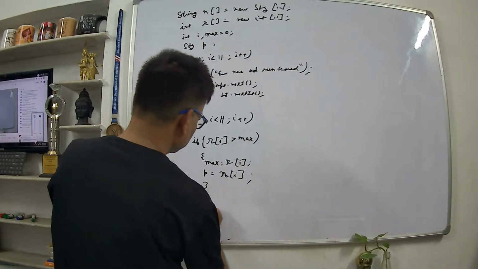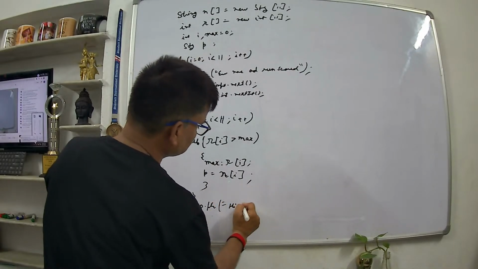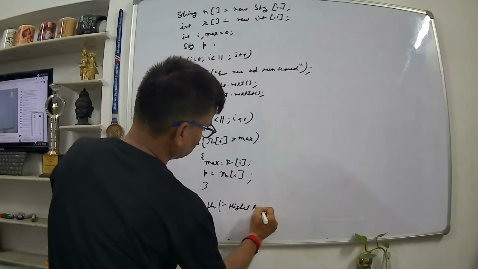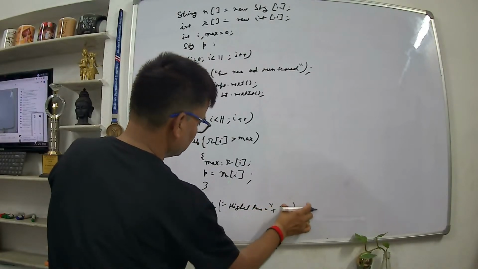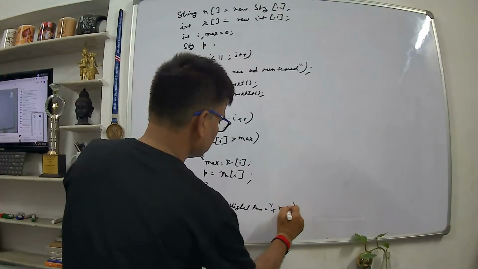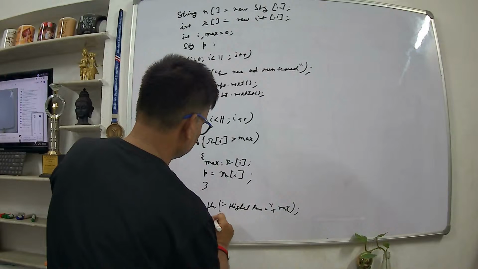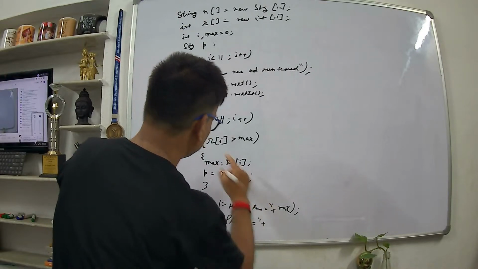Outside the loop, you'll say System.out.println highest runs equal to, plus max. Sorry, that was Rohit Sharma's code. Highest run is max, and again System.out.println player is equal to plus p.